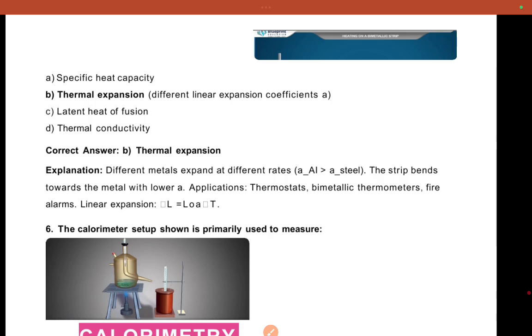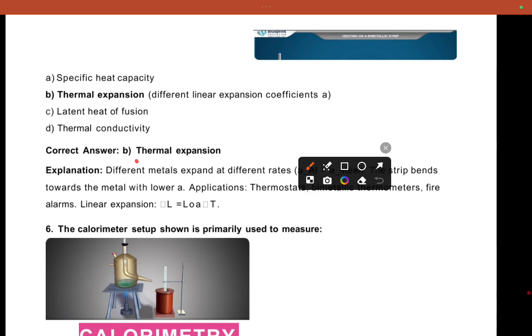So the bimetal thermal expansion principle is involved in thermostats, bimetallic strips and thermometers, fire alarms, linear expansion conditions, like we have these devices.